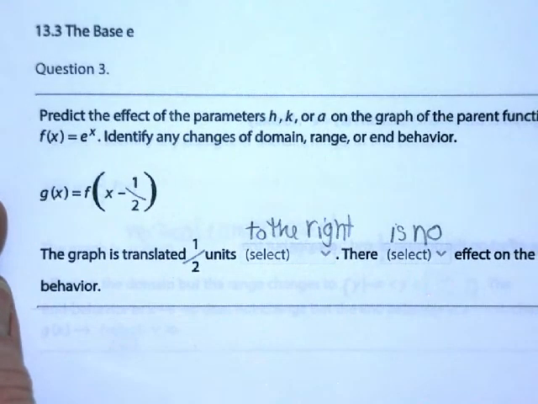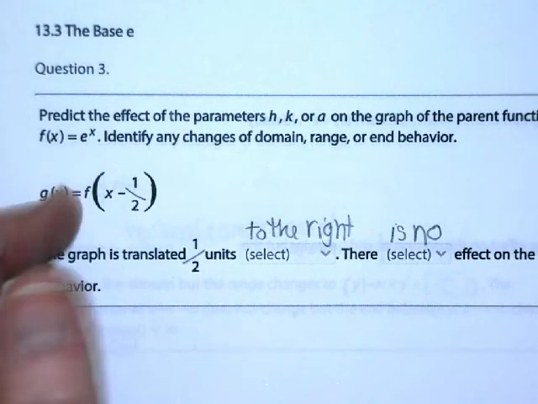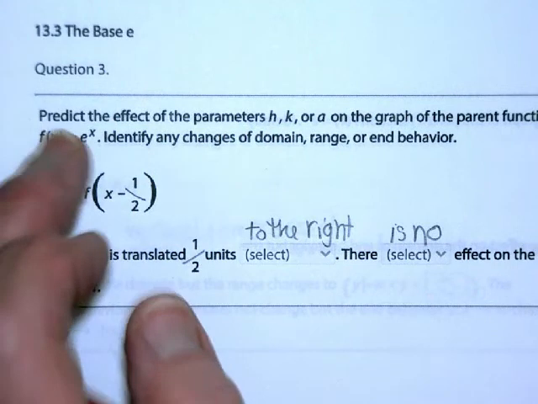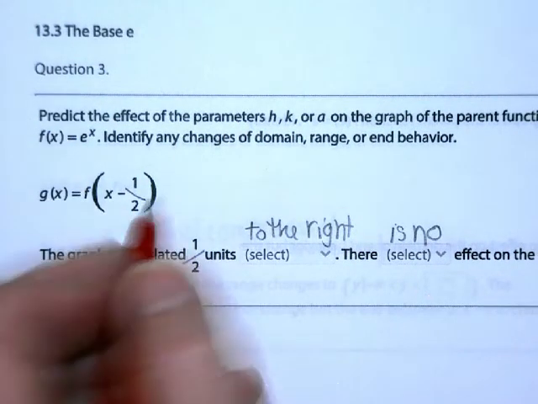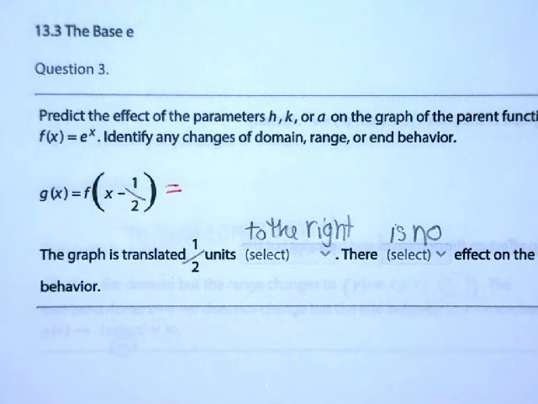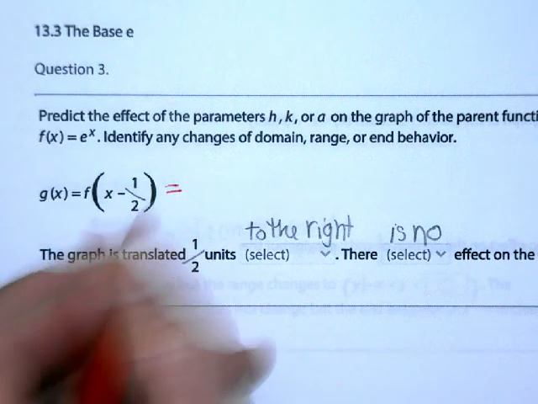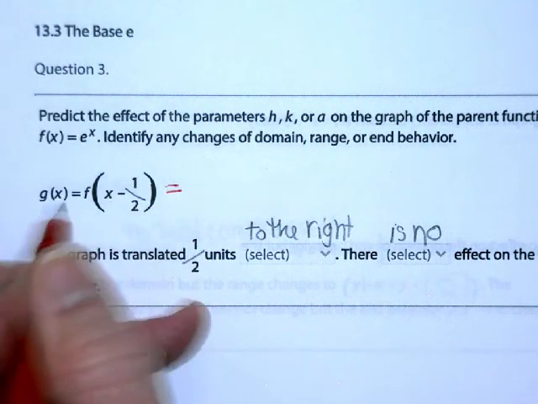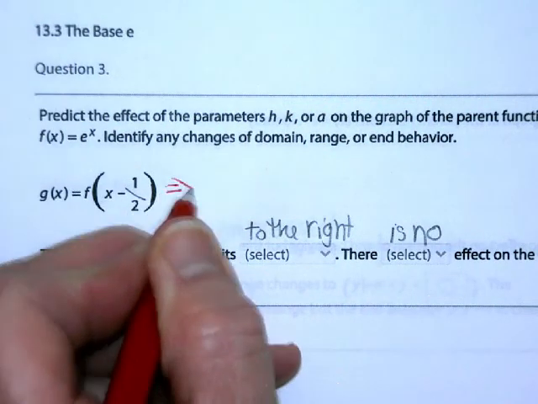Okay, now your number 3 might be different than mine. And what they did for the number 3 was instead, they have a middleman here. Instead of writing the exact function, they just subtracted 1/2 from the x.